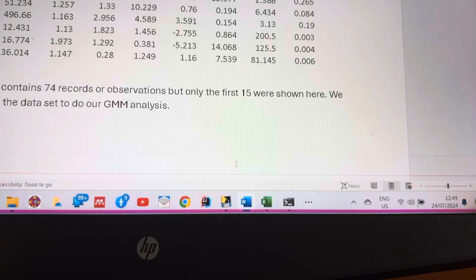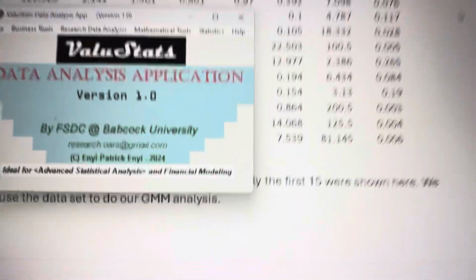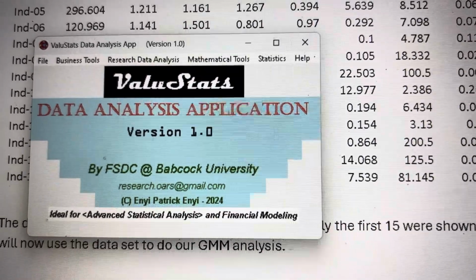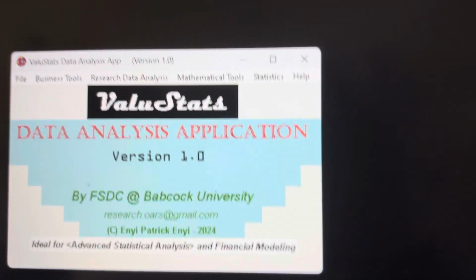Now let us call up VSP and see. Now this is VSP. Okay, let us minimize this so that we can see again. Good. So now this is the VSP environment.